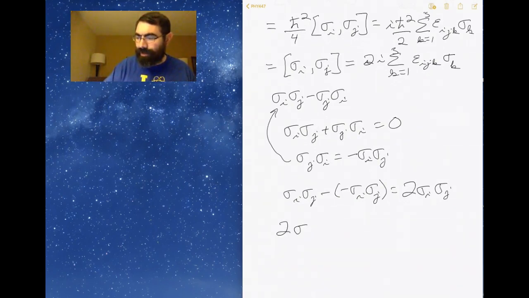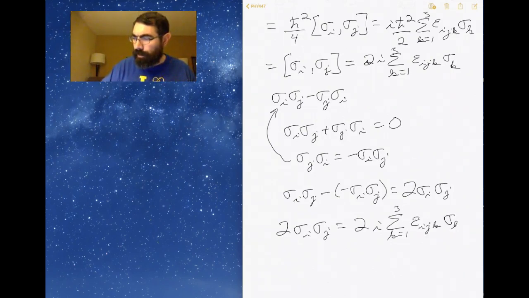So I get 2 sigma i sigma j is equal to 2i, the sum of all components, summing over sigma k.